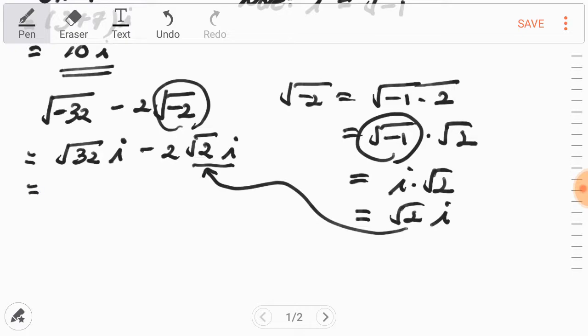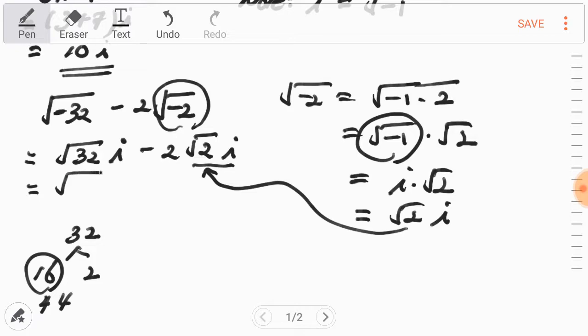Alright, then 32. We have to write this 32 as a product of some squares. 32 is 16 times 2, and 16 is 4 times 4.